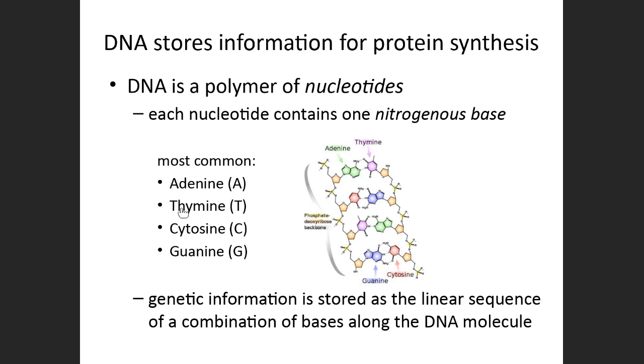Now, when you look at DNA, the most common nucleotides that you will find are adenine, thymine, cytosine, and guanine. Now, occasionally you can find others. Sometimes you might find uracil in DNA. Sometimes you might find chemically modified forms like methylguanine or methylcytosine, different forms of those.